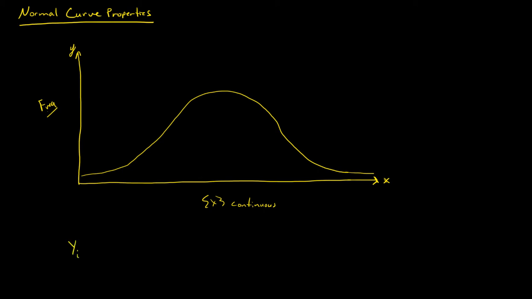For any y value that you want to find, you are essentially going to follow this equation here: 1 divided by sigma square root of 2 pi, to the e exponent negative x sub i minus mu, squared, divided by 2 sigma squared.